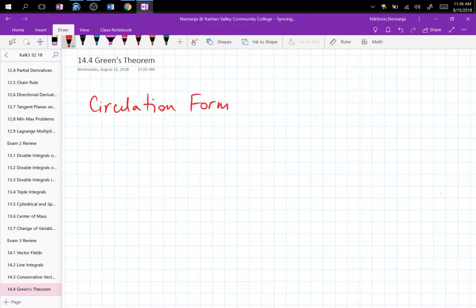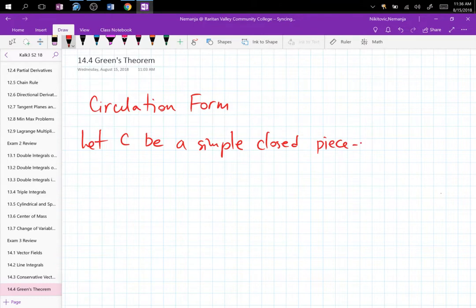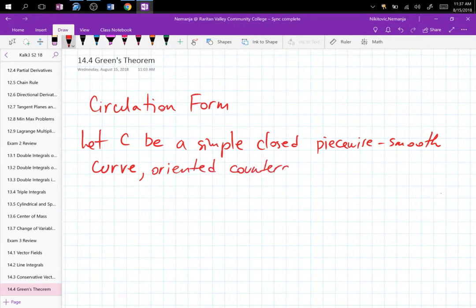So for the circulation form, we have, let C be a simple, closed, piecewise smooth curve, oriented counterclockwise, that encloses a connected and simply connected region R in the plane.